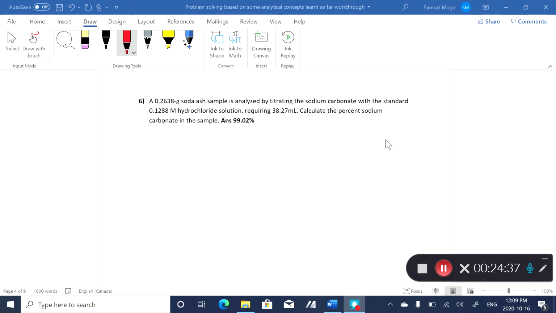As I've said before, it's always good to start with the chemistry that is taking place. So the titration reaction. You can see that I've got the sodium carbonate, which is a key component in soda ash.